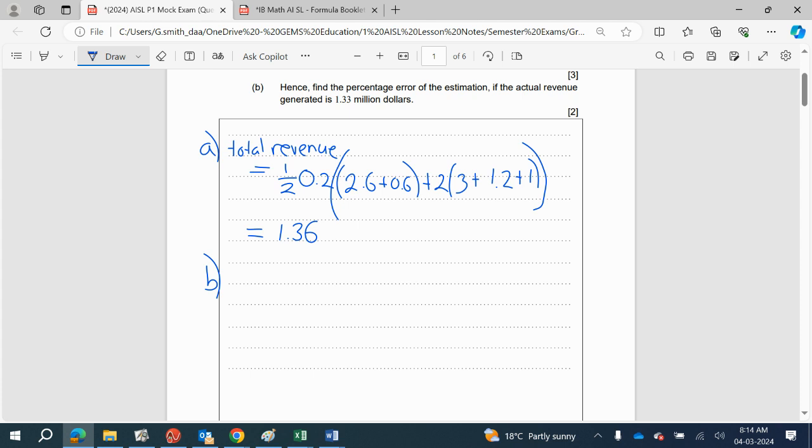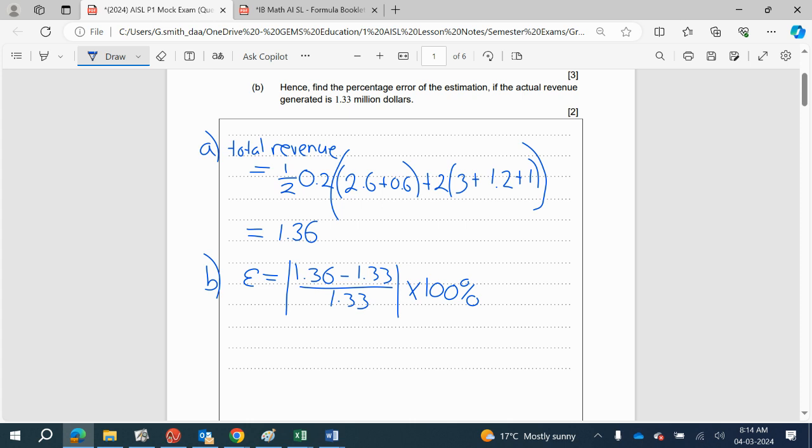When it comes to finding the percentage error, you've got to show this part, the absolute function. We're using the formula from the formula booklet. Most of you know this one, but most of you don't write it correctly.